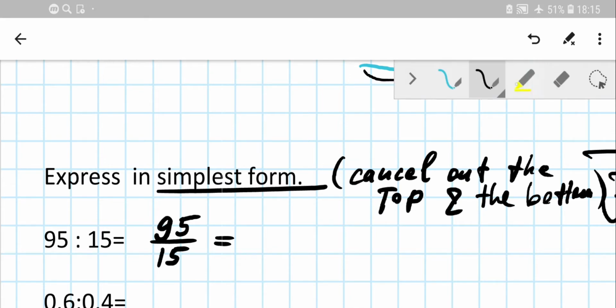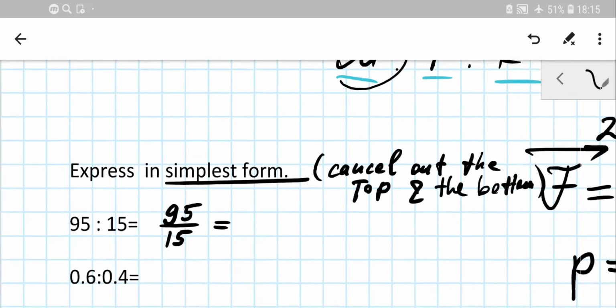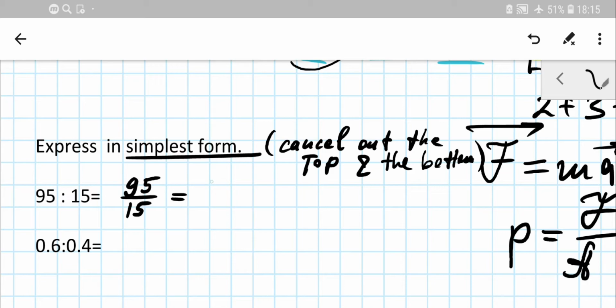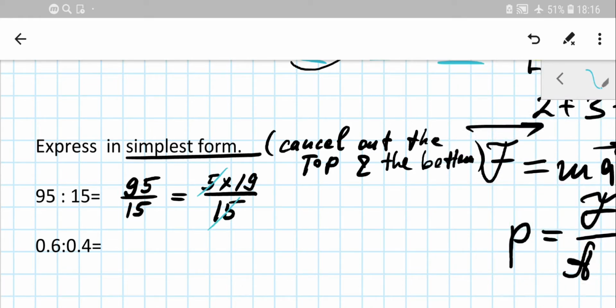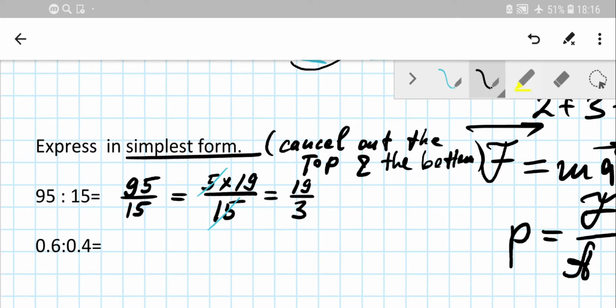So let's figure it out. 95 over 15. 95 is 5 times 19, right? You can check. So 5 and 15 will be cancelled, and you'll stay with 19 over 3. Because both are primes, this is the simplest form. They are prime numbers, so you cannot simplify it any more.